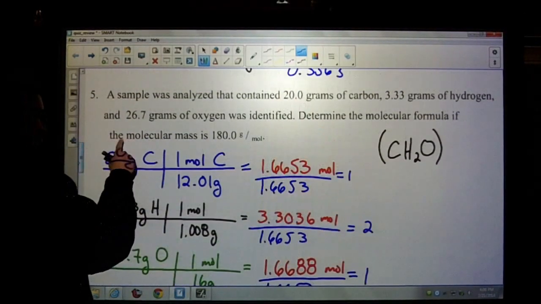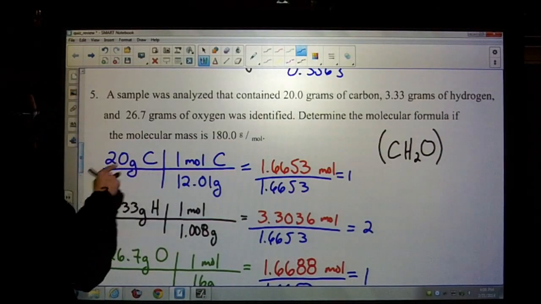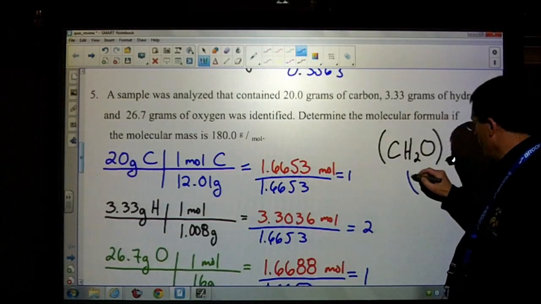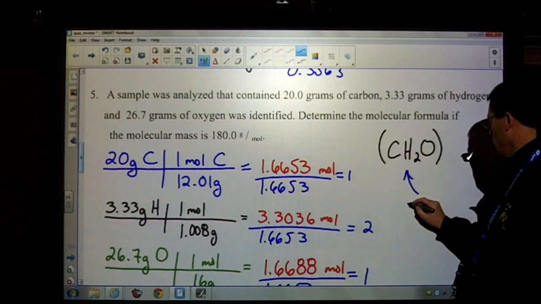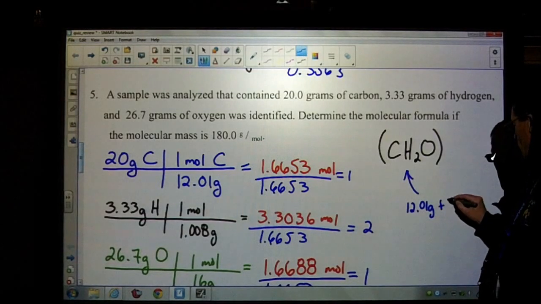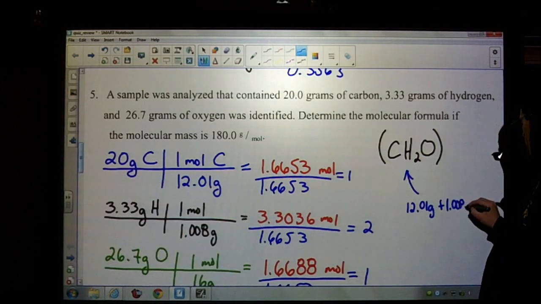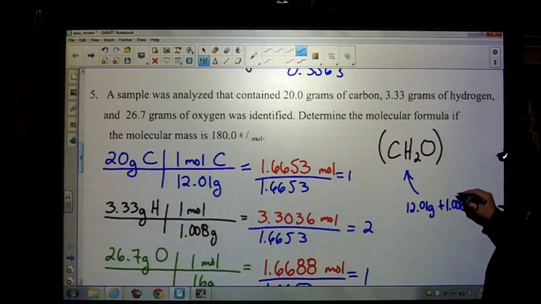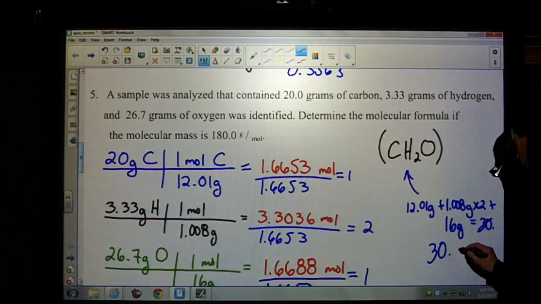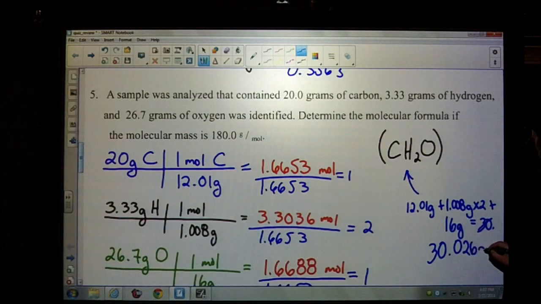Again, that's in the problem. The molecular mass is 180. We need to find out what the empirical formula mass is. So we need to find out, okay, well, how much is this? Well, I have 12.01 grams of carbon, 1.008 grams of hydrogen times 2, plus I have 16 grams of the oxygen, all this equals 30.026 grams.